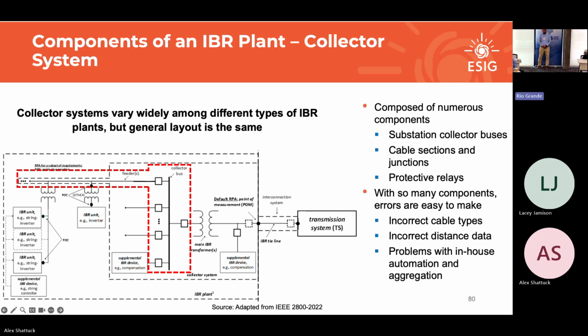The collector system seems simple because it's just cables connecting stuff together, but it's again one of those things where you really want due diligence at the beginning. And when you're transposing collector systems between softwares, keep in mind the base changes in impedance and how you're changing the model representation as well.